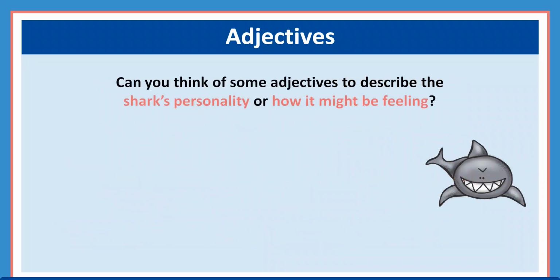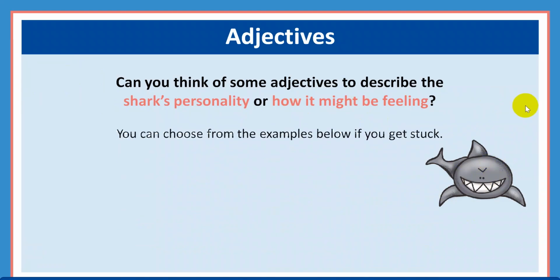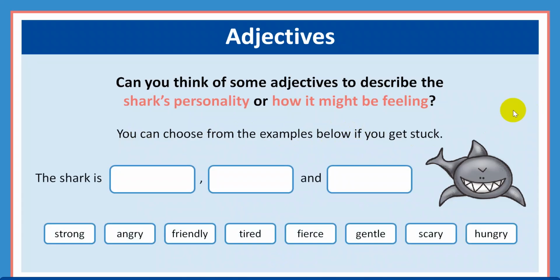Great. Can you think of some adjectives to describe the shark's personality or how it might be feeling? So what we want to do now is to describe the personality of the shark, or how the shark might be feeling. You can choose from the examples below if you get stuck.